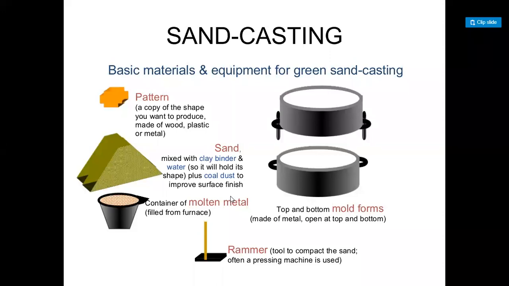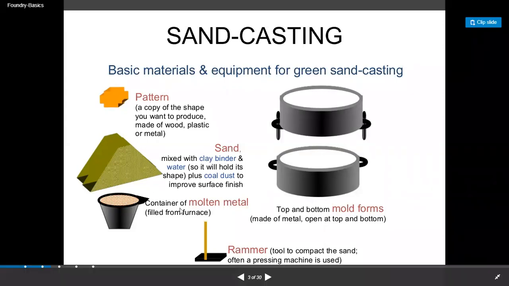The solid metal is converted into liquid metal at that temperature. Then we take the metal in a container.